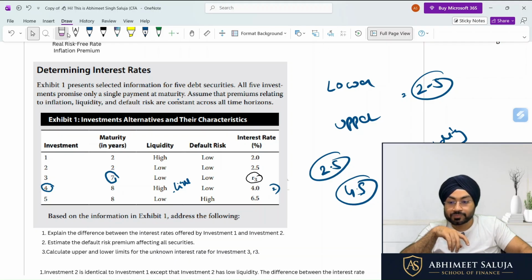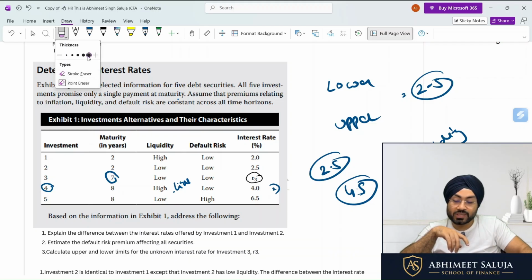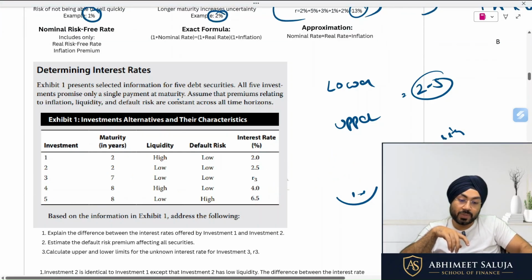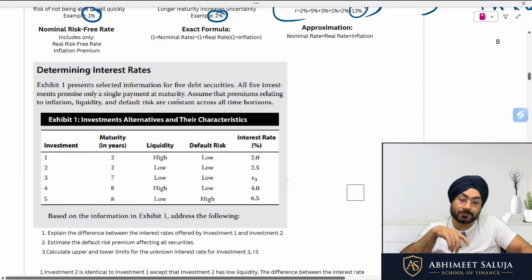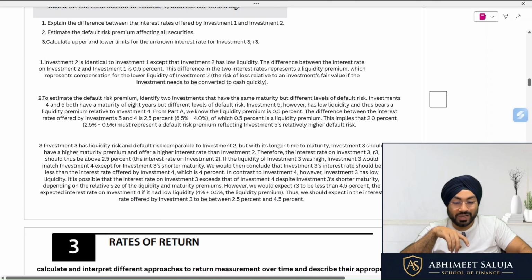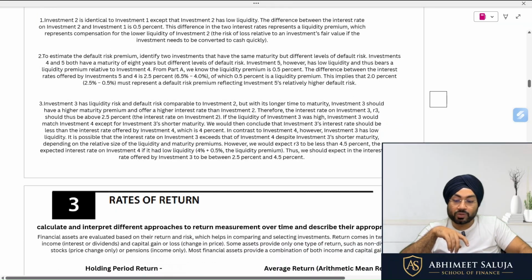This is how we can do these types of questions: you need to adjust liquidity and maturity premium parts. So the lower limit is 2.5% and the upper limit is 4.5%. You can go through the answers on your own.